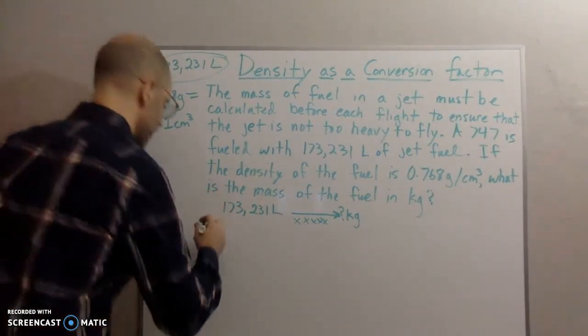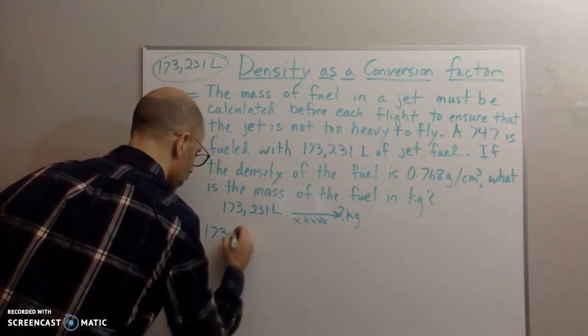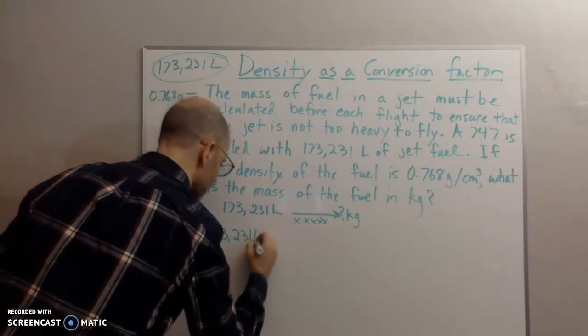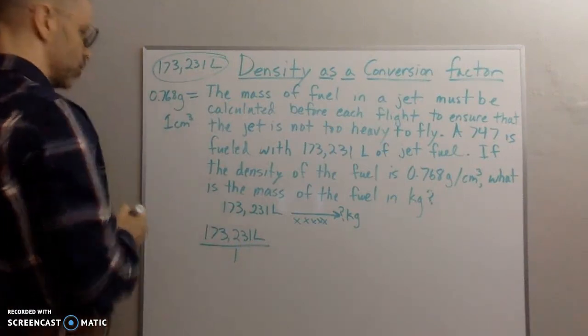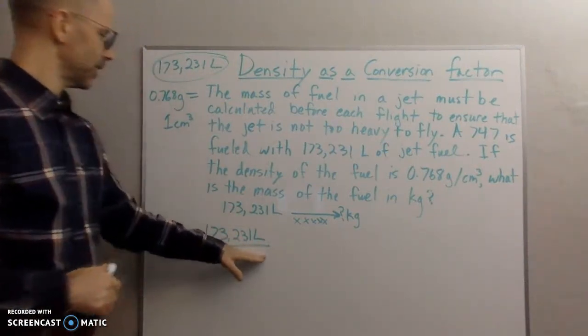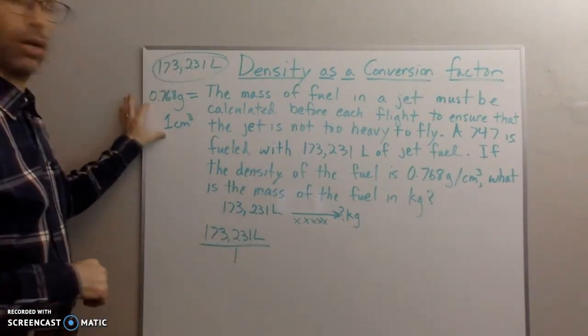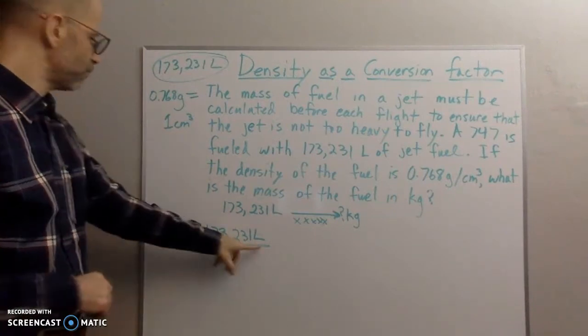I'm going to set up my problem: 173,231 liters over 1. Now I need to convert the liters so I can use my conversion factor. I have liters here, which is a volume.